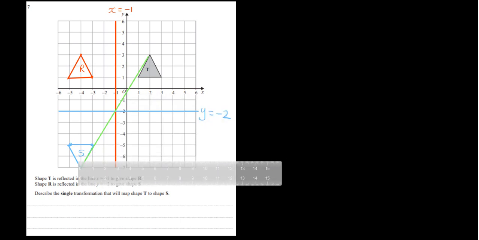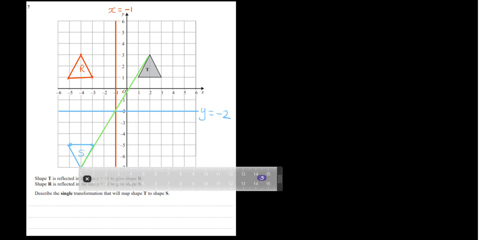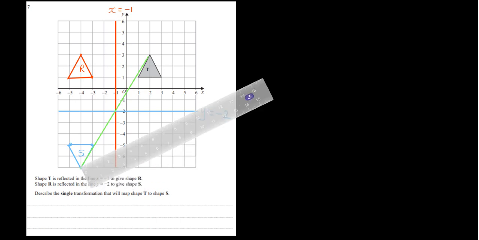Let's see if I can measure. It's not the best of colors. So it's around 10.6 centimeters. So at around 5.3 I would make a point, which is roughly around here.